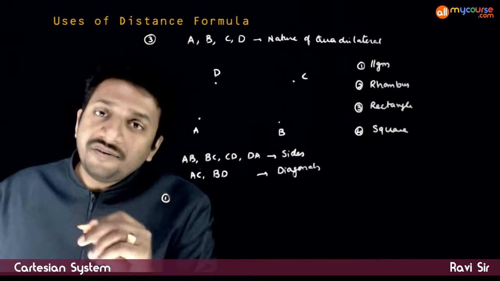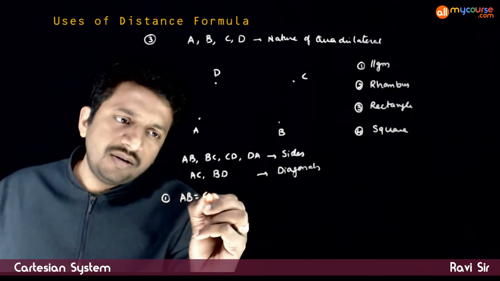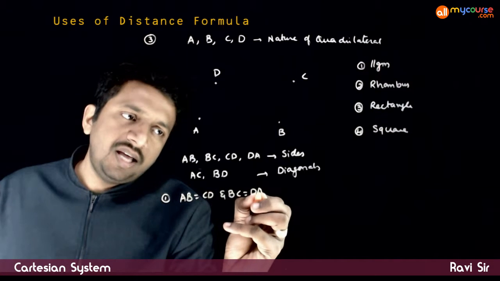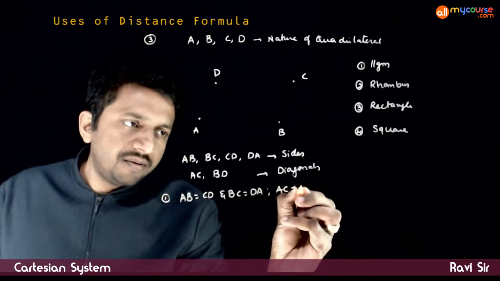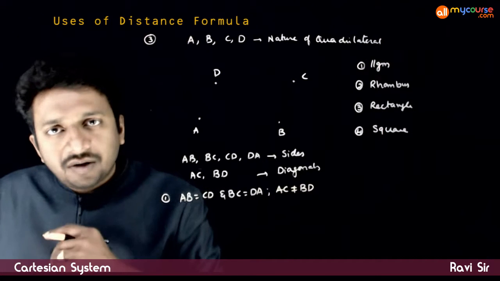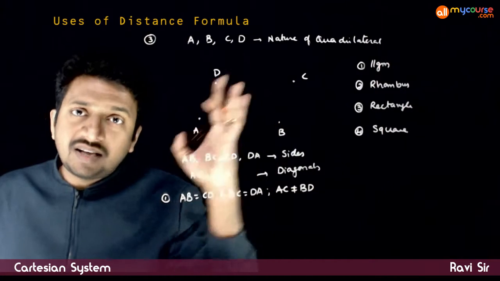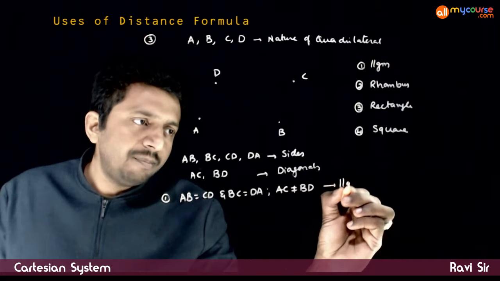So first, if the opposite sides are equal, if AB is equal to CD and BC is equal to DA, and the diagonals are not equal. First, suppose that the diagonals are not equal. The pair of opposite sides are equal and the diagonals are not equal implies a parallelogram.